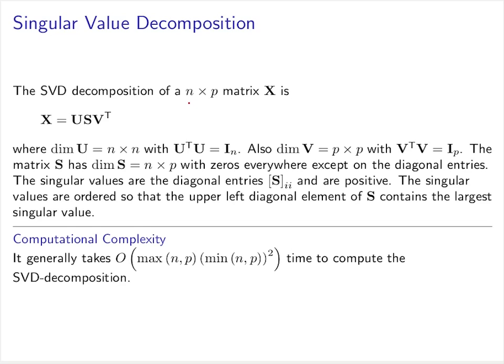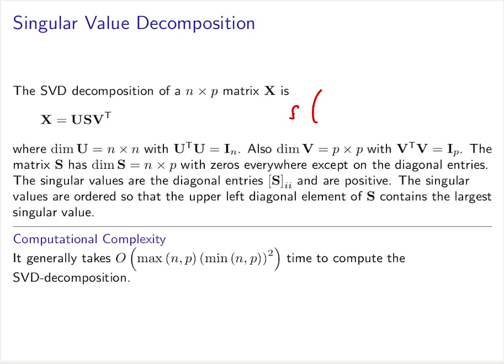So you have a matrix n by p, and then you can decompose this matrix X into these three matrices, U, S, V. U and V are matrices that are actually orthogonal. You see it here and here. And S is a diagonal matrix that has the positive singular values on its diagonal, and some of these singular values may be 0.